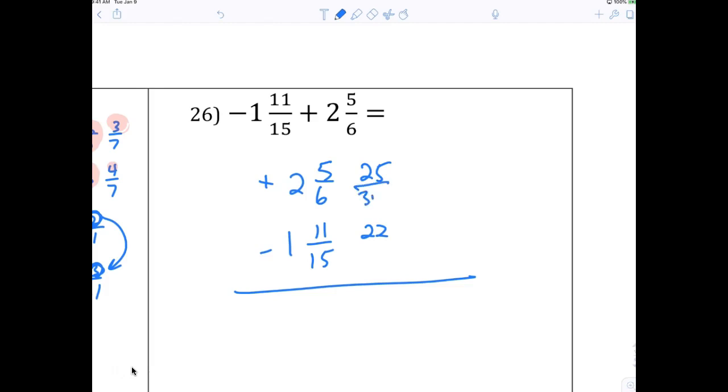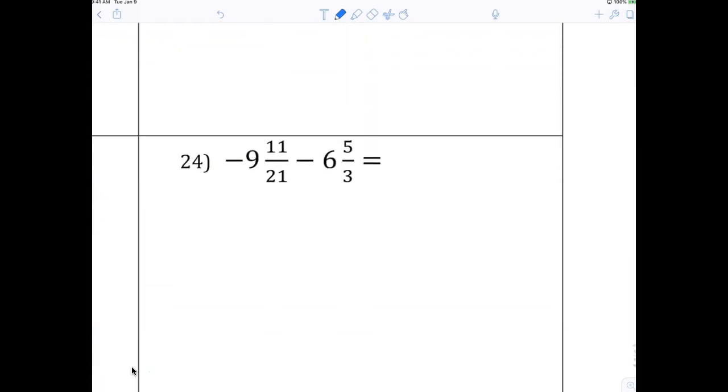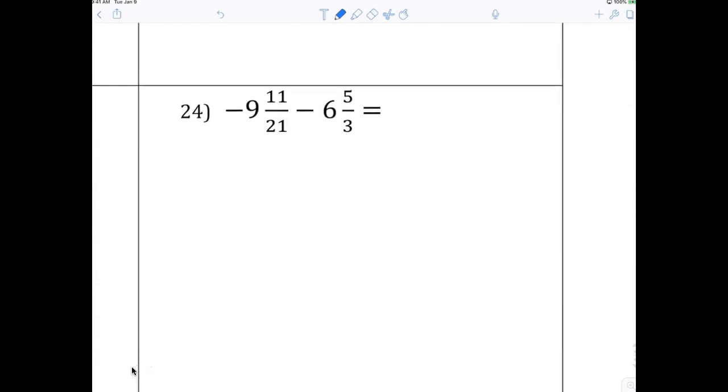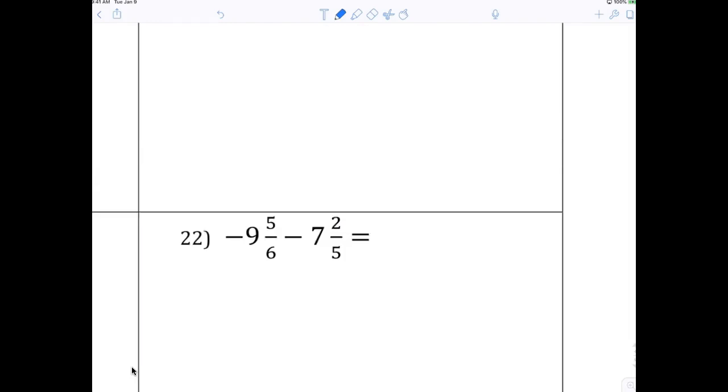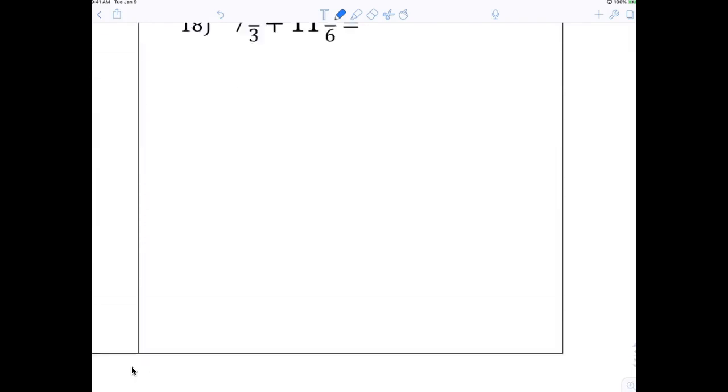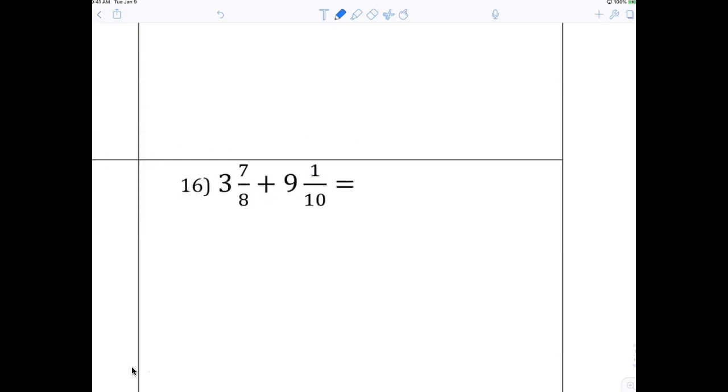Sorry, I didn't finish writing it out. Do I borrow? No. Let me see if there's another one. No, that one's adding. 22 is adding, more adding.